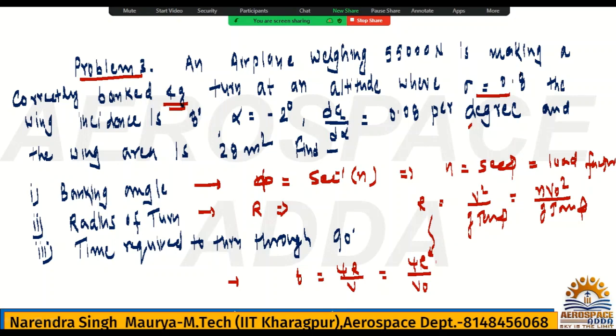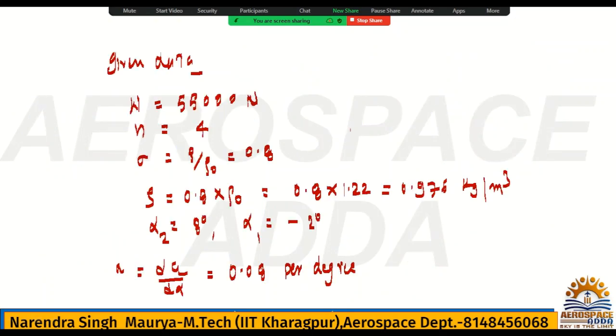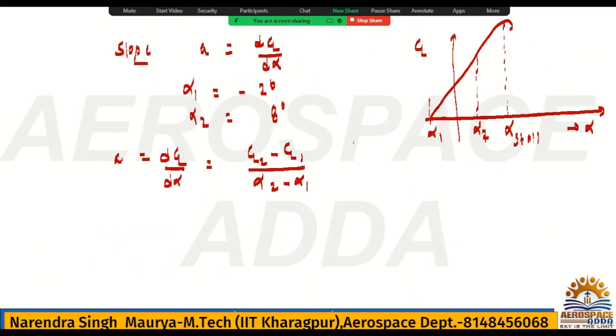So in the calculation for the radius of turn and time required to turn, you get a velocity term. To get velocity, you have only one formula, the steady state level condition: L is equal to W, and L is half rho V squared S CL. From there you can calculate velocity.